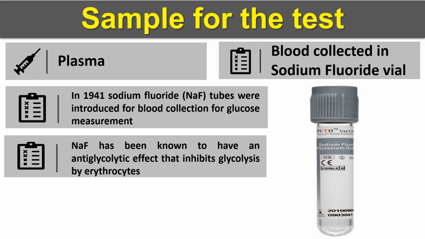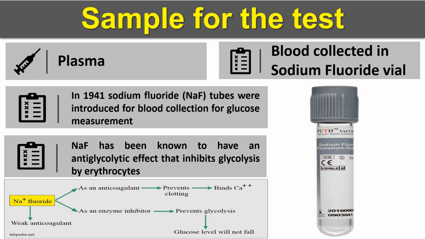Sodium fluoride is called an anti-glycolytic agent. It works by inhibiting the enolase enzyme. Enolase is an enzyme in the late phase of glycolysis, where we produce energy. So enolase is inhibited, ultimately glycolysis is inhibited, and the glucose level does not decrease.